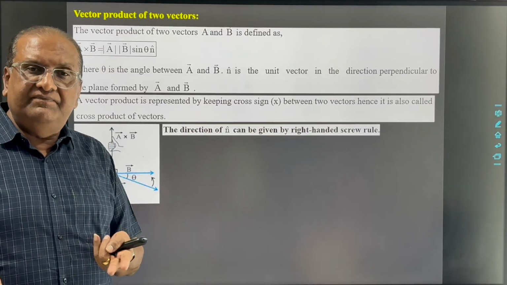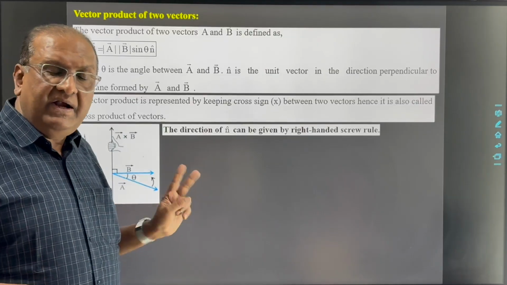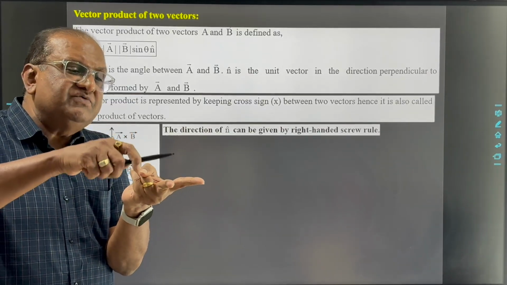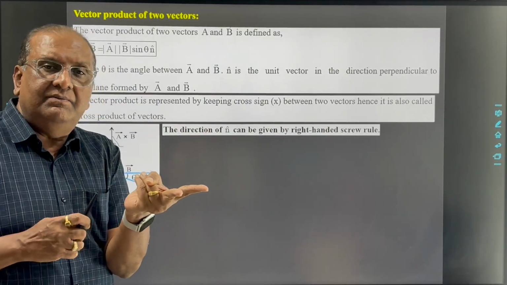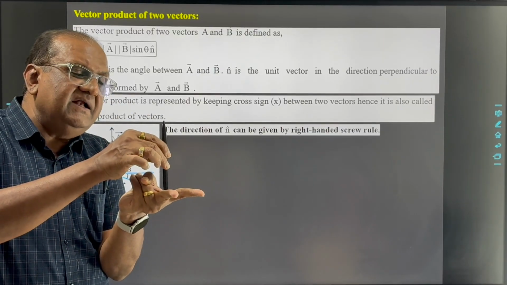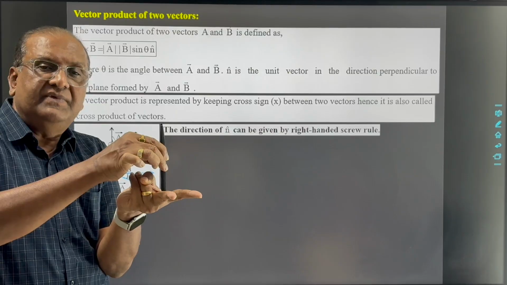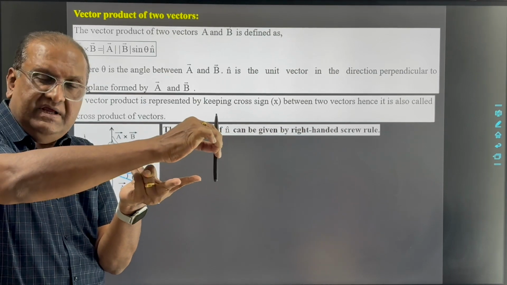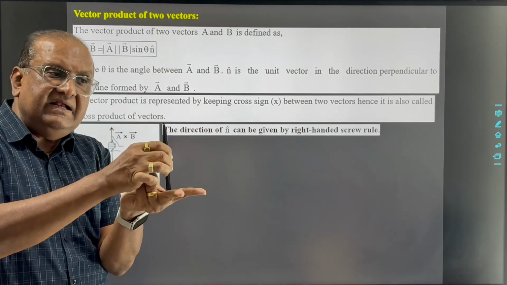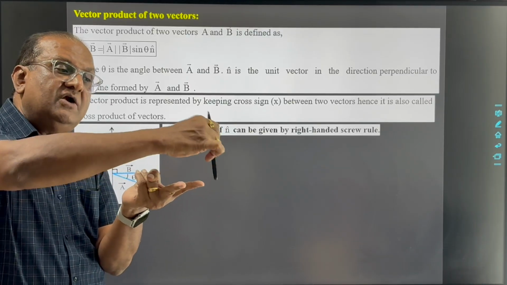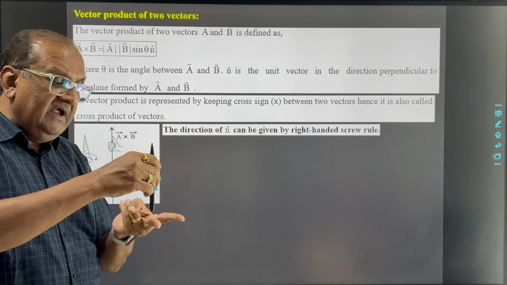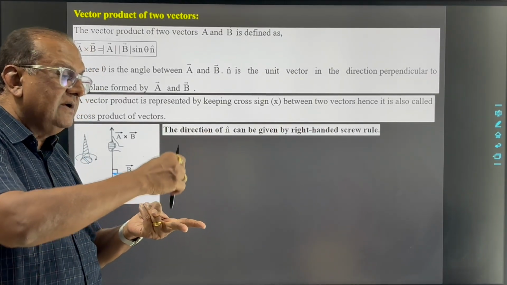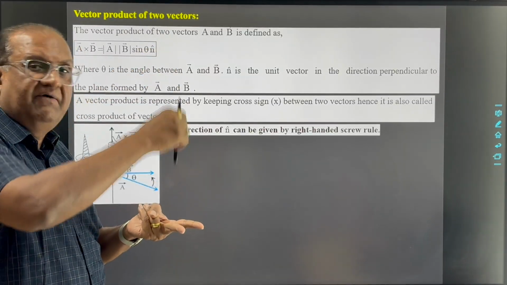We have to place a right hand screw perpendicular to both A and B. Suppose, say here, this one is vector A and this one is vector B. Now we want A cross B. So we have to rotate this right handed screw like this from A to B. So when the right handed screw is rotated anti-clockwise, it comes out. So it moves in the upward direction.